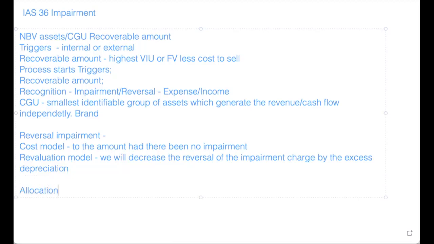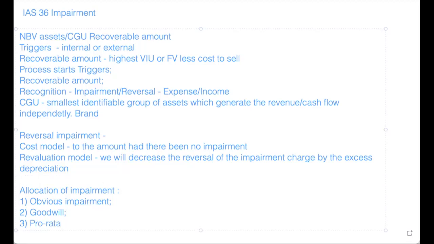Finally, allocation of the impairment. Allocation of impairment firstly goes to obviously impaired assets, then it goes to goodwill, and then we will allocate the rest on a pro rata basis.